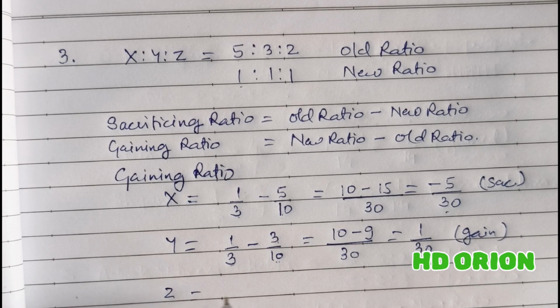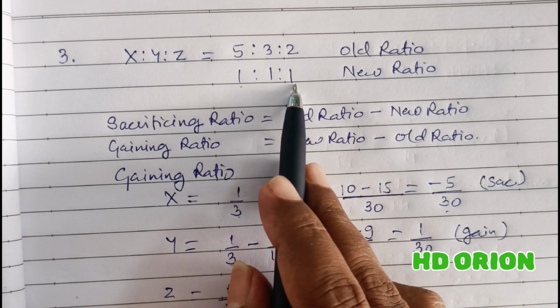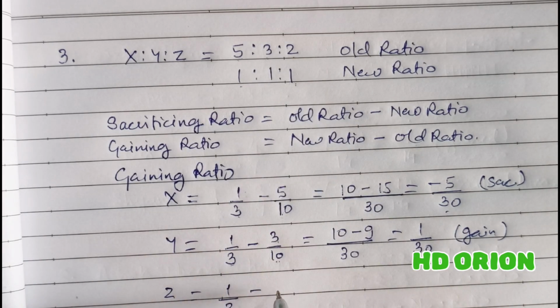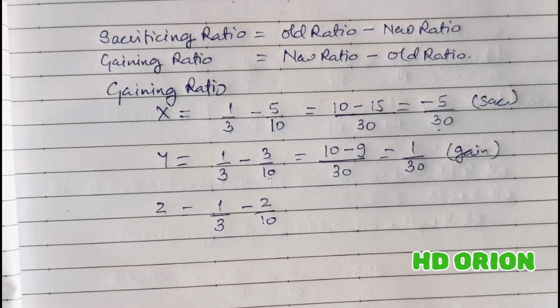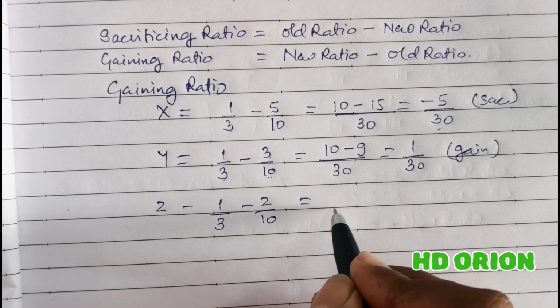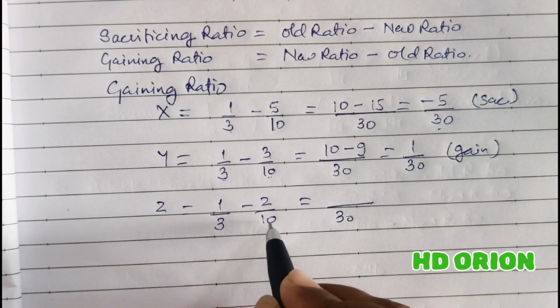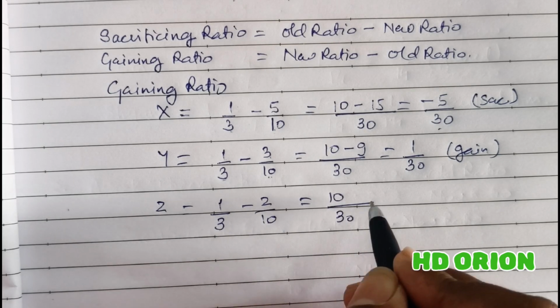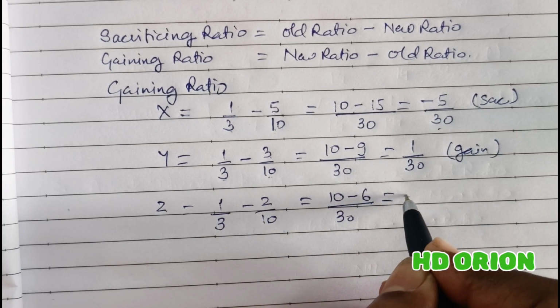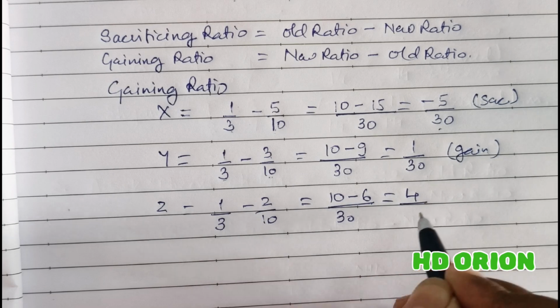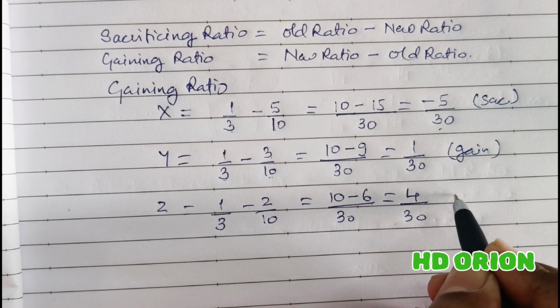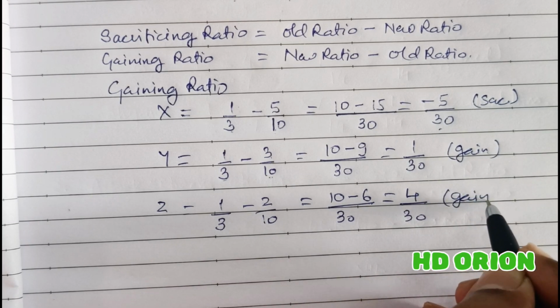And Z's new ratio is 1 by 3 and old is 2 by 10. The LCM is 30, and here 10 and 6. So it will be how much? 4 divided by 30. It is also positive and therefore it is also a gain.